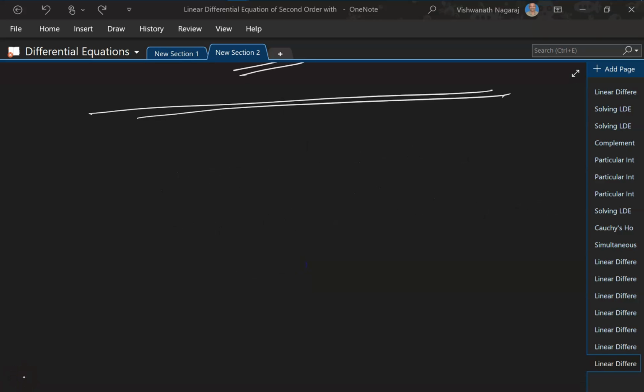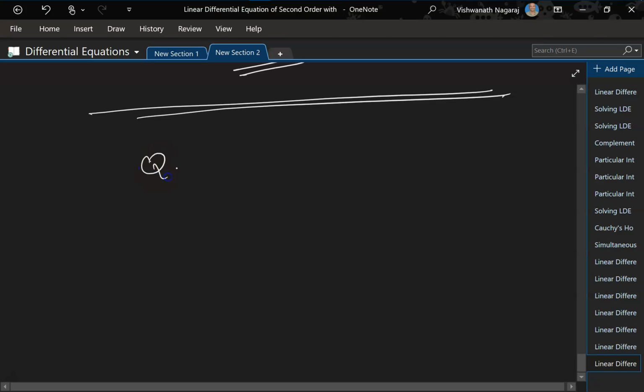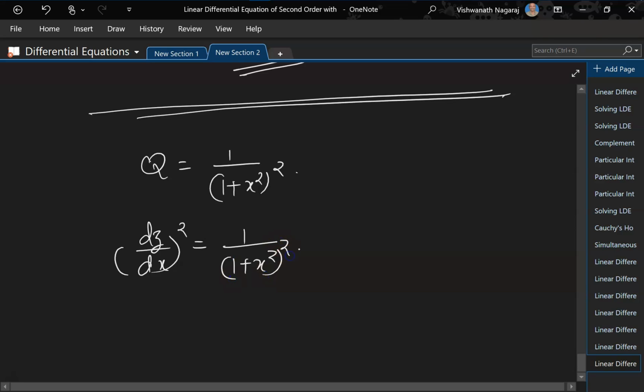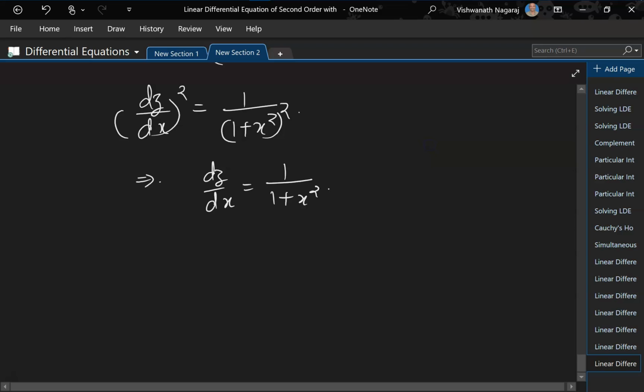Now let's look at a snippet of another problem. Let's say Q is equal to 1 by (1 plus x²)². Now in that case, what do we do? (dz/dx)² would be 1 by (1 plus x²)², which means dz/dx would be 1 by 1 plus x². And this is where the tricky part comes.